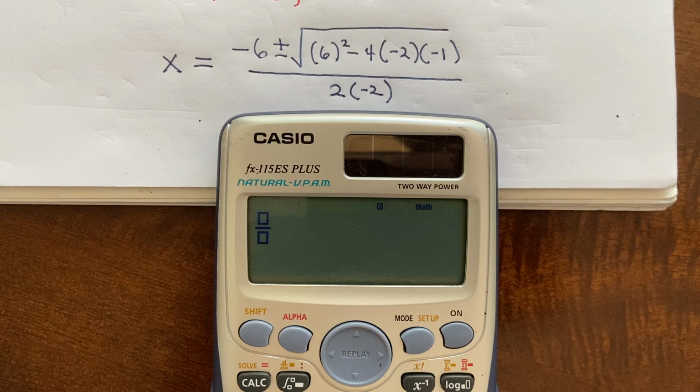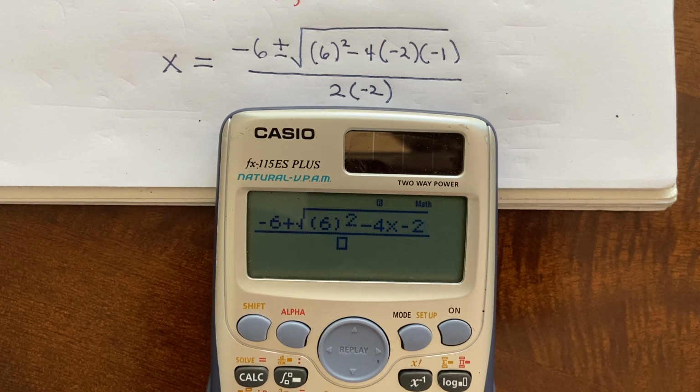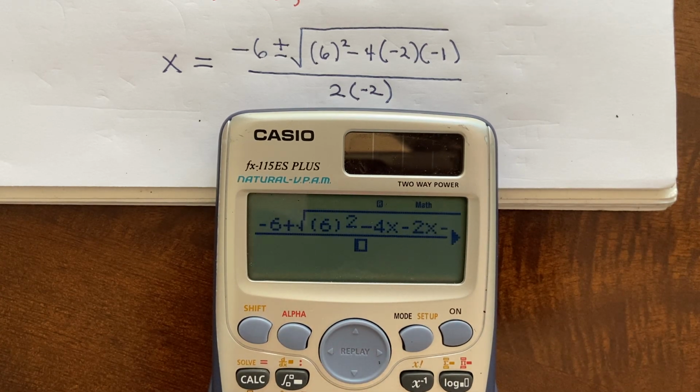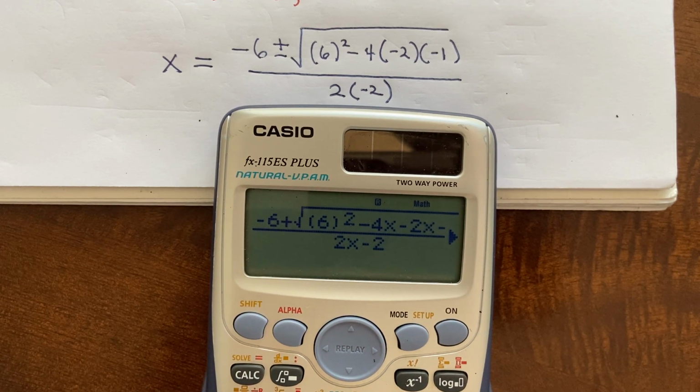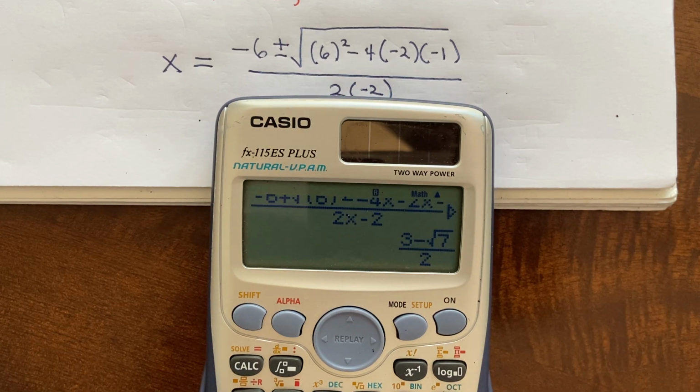So fraction first, negative 6 plus square root of 6 squared minus 4 times negative 2 times negative 1 over 2 times negative 2. So I'm getting this number.